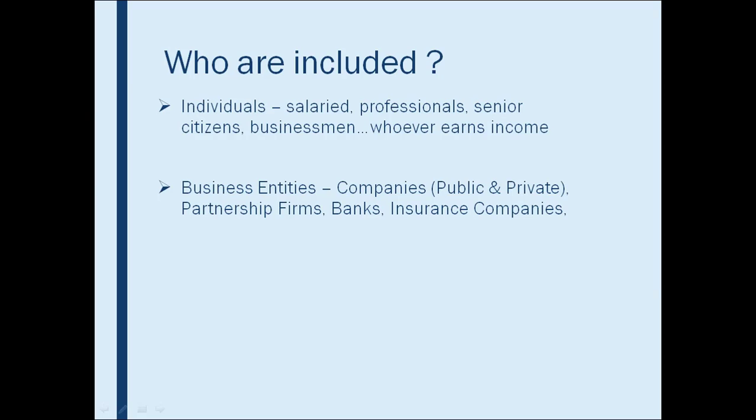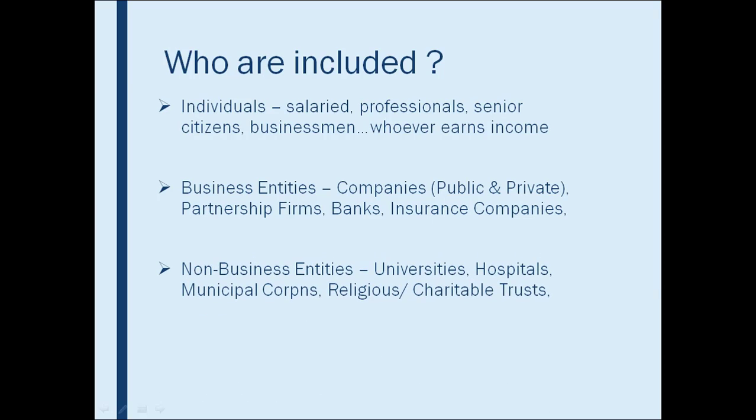Probably the only entity which is not paying any income tax is the government itself, because you cannot pay income to yourself. That is the main concept behind it. And then of course it does not cover only business entities. It also covers certain non-business entities like universities and hospitals. So everybody is covered. Whoever has income, you need to come here.